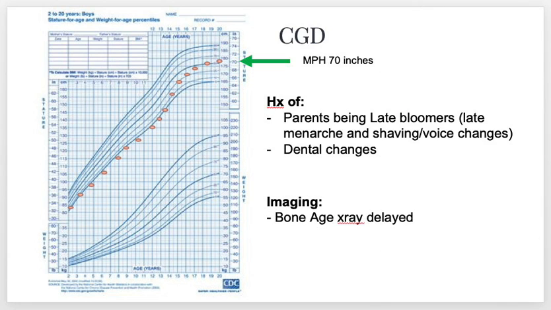And so in this sense, if you have a history of parents being late bloomers, for example, if they tell you that they have dental changes later in life, and then you have a bone age that is delayed, you might be able to give them some reassurance before you actually get to those teenage years.